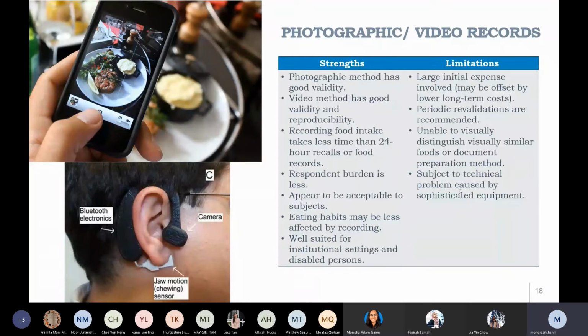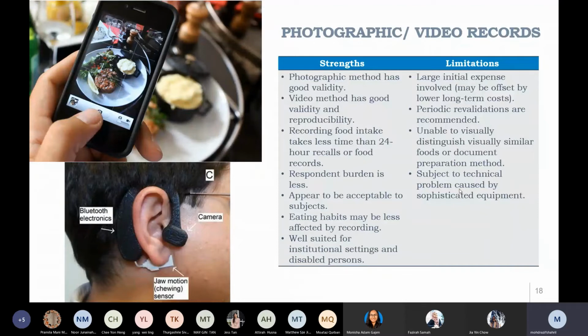So it is not clear, and it depends on the researcher to identify what the food actually is. There are also some methods where the respondents can label each food on their camera. So you can label that's mashed potato, that's salad, and then what's another one? We are not sure.